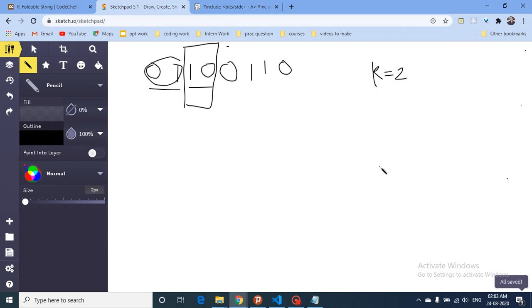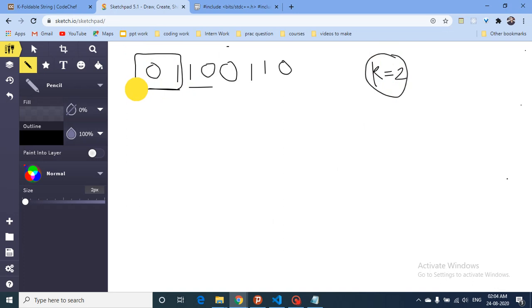The first thing you can observe is that k is a divisor of n. What does this mean? You have to first form one string of length k, and then the next string will be just the reverse of it, and the next will be the reverse of that, and so on.